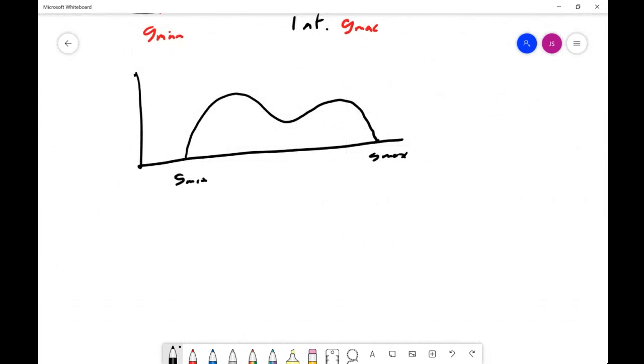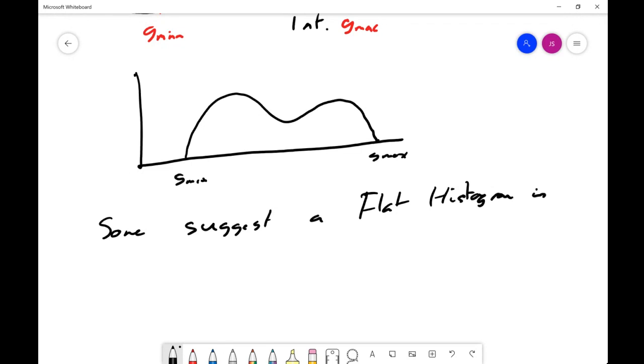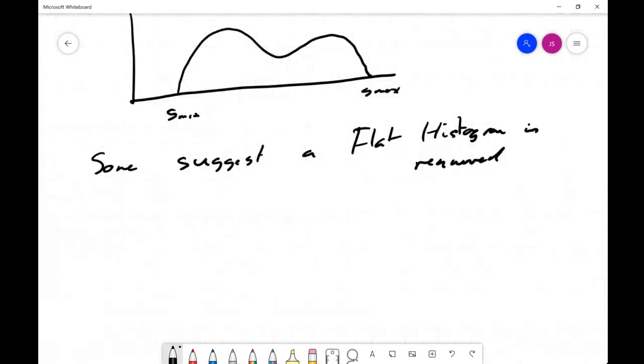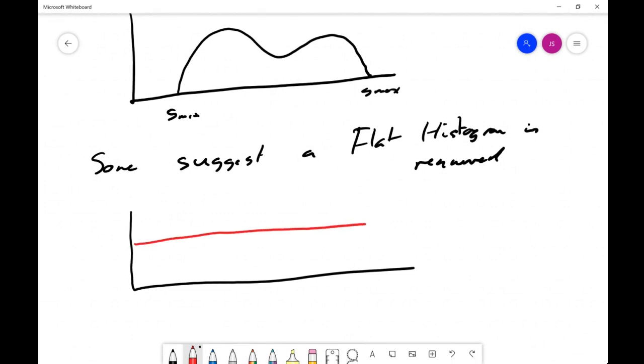Now, some books say take the original histogram, and the equalized histogram will be like that, with a series of individual equally spaced populations across the intensity range.